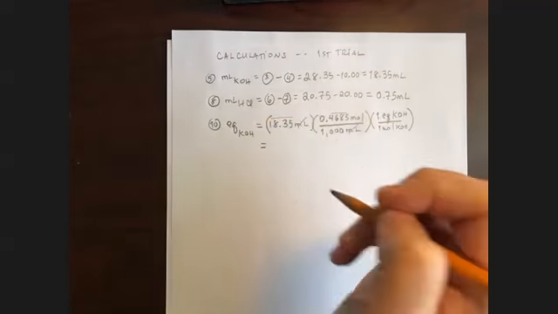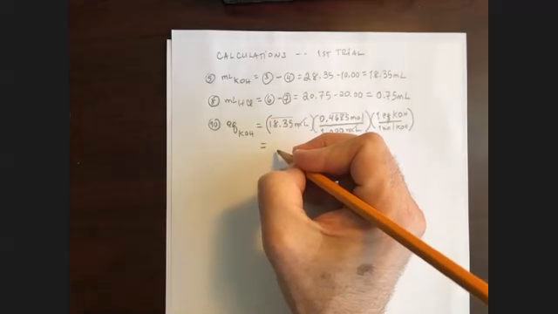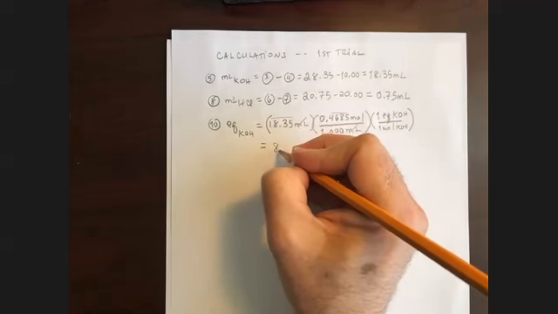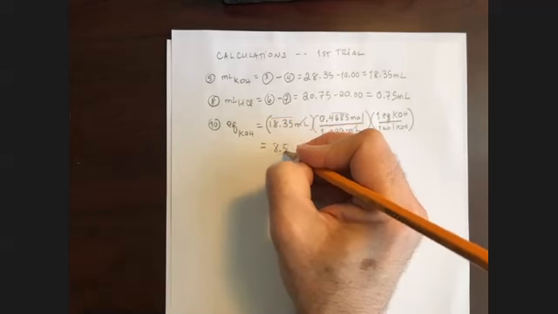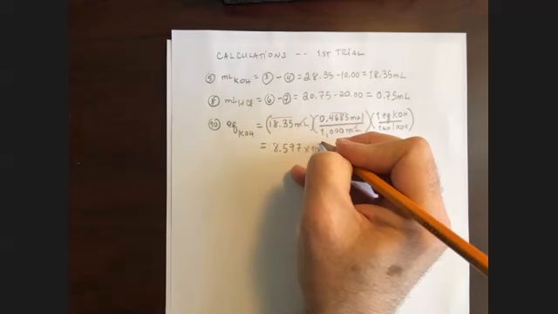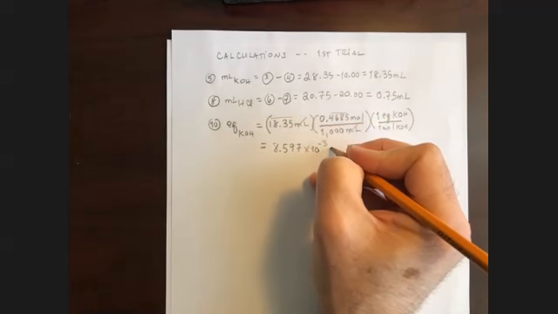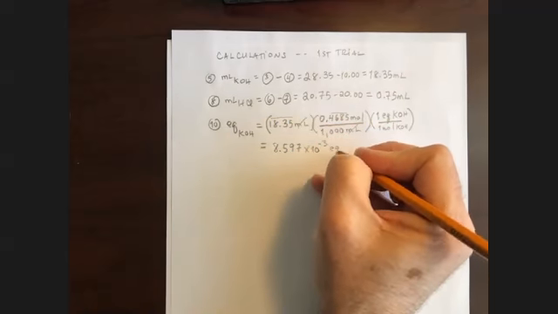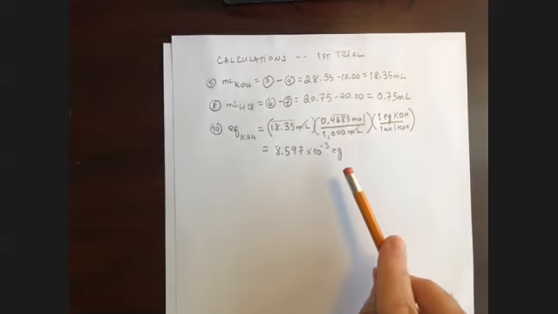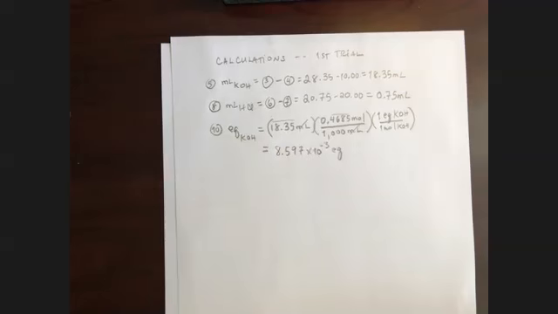This number has 4 sig figs. So I need to write something here that has 4 sig figs. And this comes out to be 8.597 times 10 to the negative 3 equivalents of KOH. In other words, that is how many moles of KOH were actually neutralized. That's how many equivalents of acid were required.